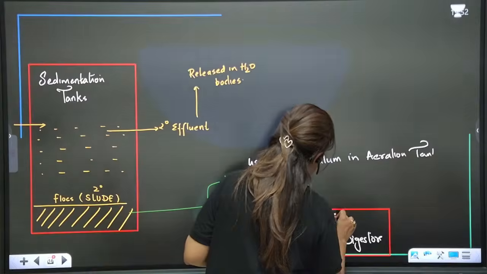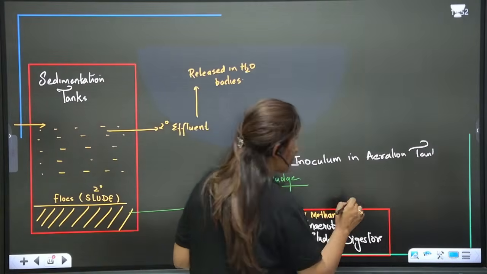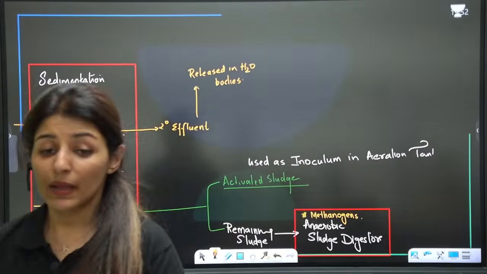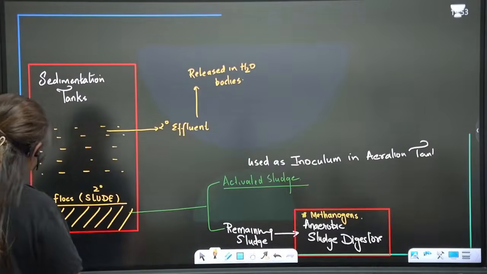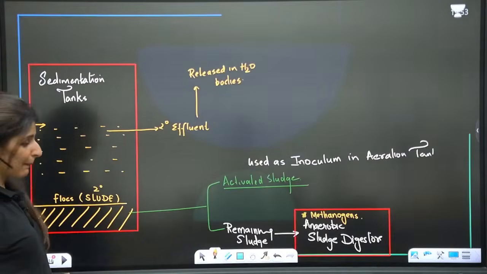They may or may not have methanogens, but they are certainly anaerobic bacteria which are going to destroy them. Please tell me these points are clear. Are these points clear? Right? So guys, this is the sewage treatment process.